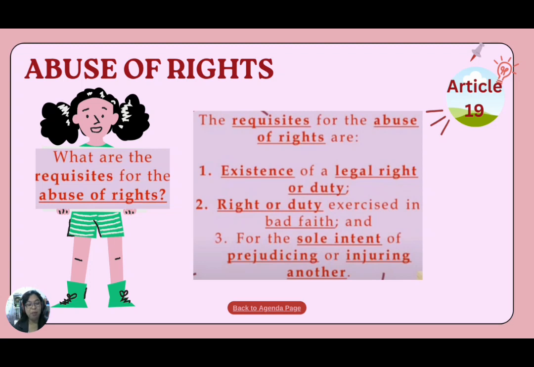Okay. An example, parang remarkable case when it comes to torts and damages or claiming damages, di ba? You have read this in your previous subjects, okay?